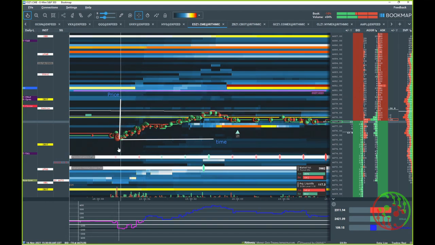So this is the price axis and this is the time axis here. Okay. It takes time, and that leads either to a volume spike, which we are measuring.